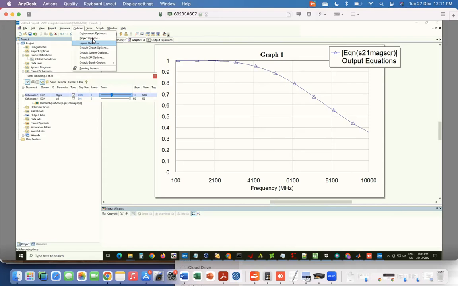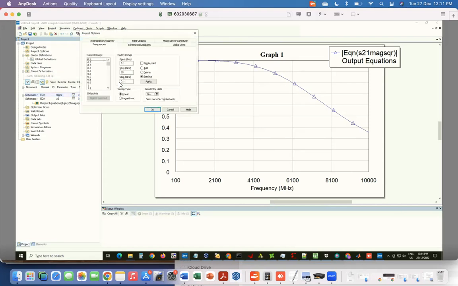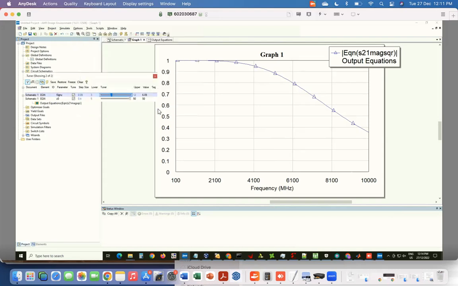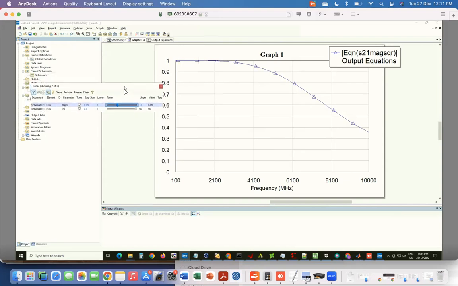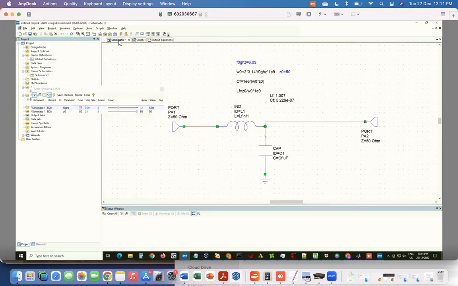Let's look at a larger range of frequencies. In fact, let's do something better. Let's define the cutoff frequency here. F cutoff in gigahertz is 5, and resonance is cutoff divided by √2, right?